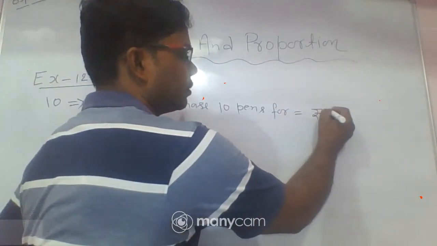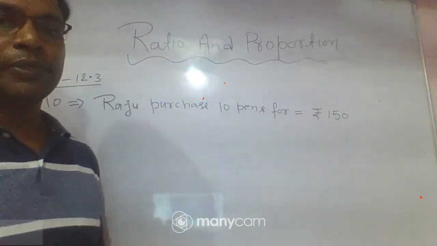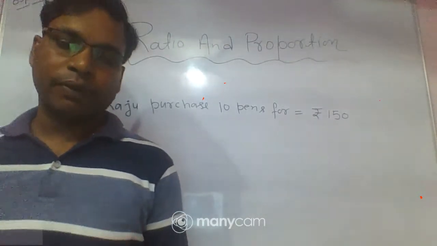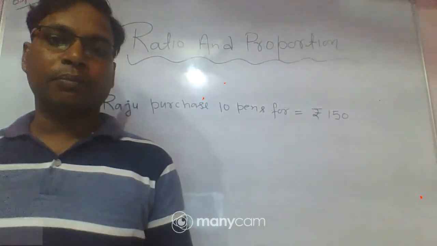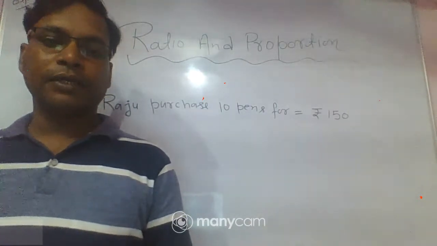After this we compare it and find out who got it cheaper. So here, Raju purchased 10 pens for how many rupees? 150 rupees. Okay, so Raju purchased 10 pens for 150 rupees.